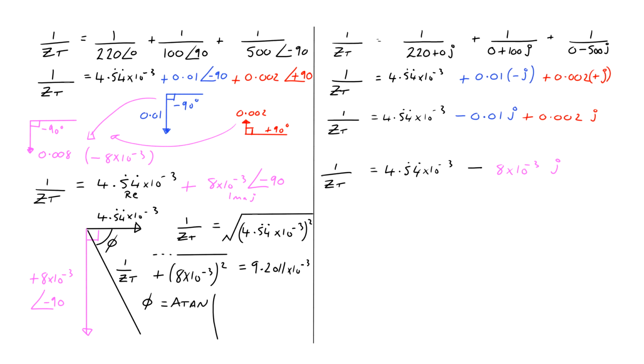because it's pointing down, tan to the minus 1 of opposite over adjacent. And even though the amount is 8 times 10 to the minus 3, it's downwards at minus 90 degrees, so it's certainly a negative number. So that's minus 8 milli divided by 4.54 recurring milli.